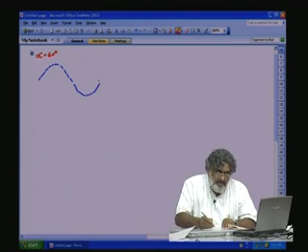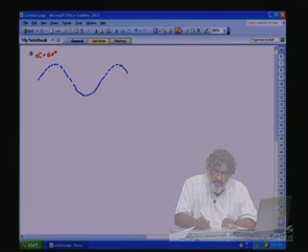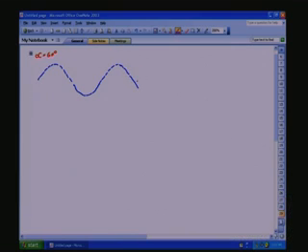This is our E1 waveform. Let us draw E2. E2 will be 120 degree lagging with respect to E1. Okay, let us draw the E3 waveform.